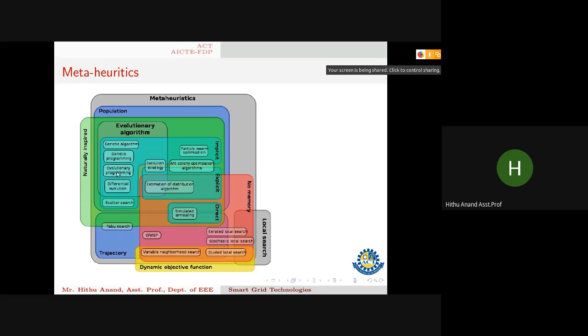All these algorithms are very interesting, and one of the important characteristics of these algorithms is that an algorithm needs to be tuned to solve a particular problem. Fortunately, I was able to tune my algorithm to solve the problem based on my requirements.